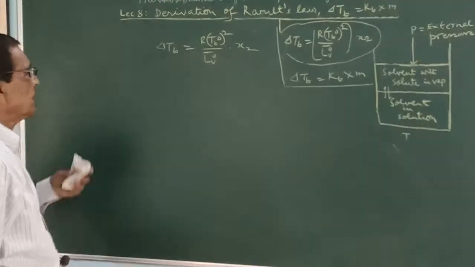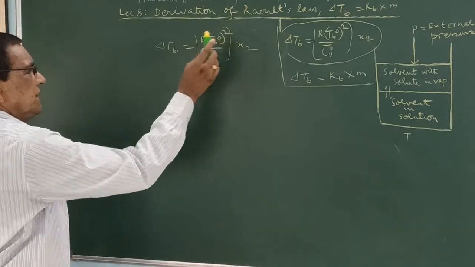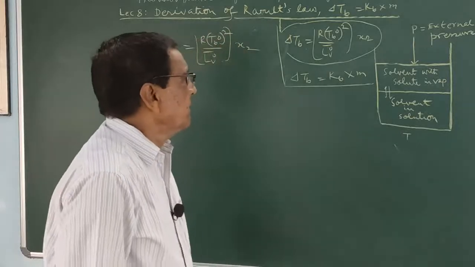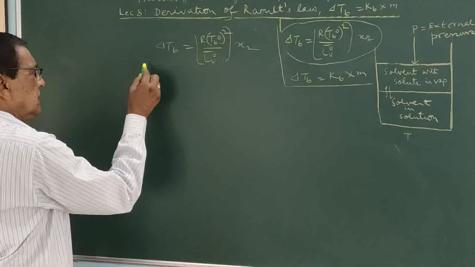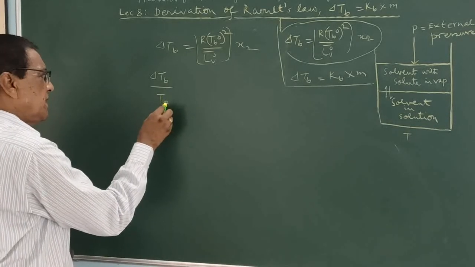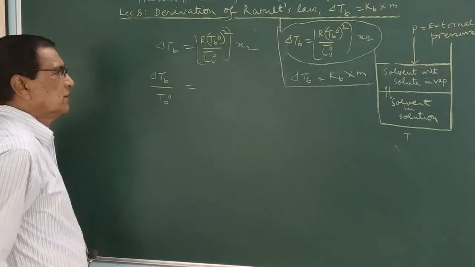It means that delta TV depends on the nature of the solvent and the concentration of this solution. But if we divide this term, the elevation of boiling point, by TV naught, then what happens? Let me see.